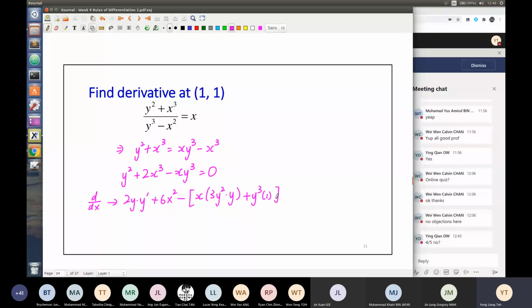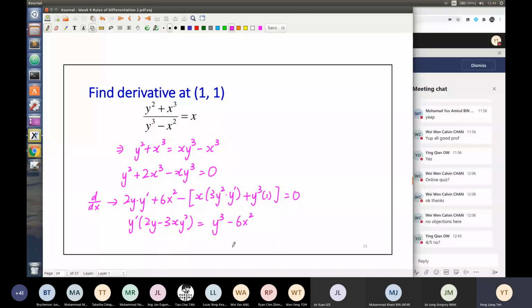So as usual, factorize out your y prime. Obviously I forgot a prime here. So factorize out your y prime, you get y prime times (2y minus 3xy squared). Then bring the rest of the terms to the right side. It looks like you have a minus y cubed here, so you bring it across and get y cubed, then minus 6x squared.